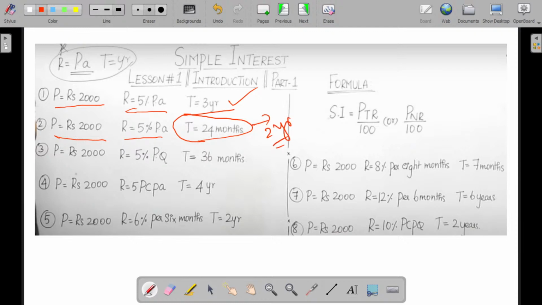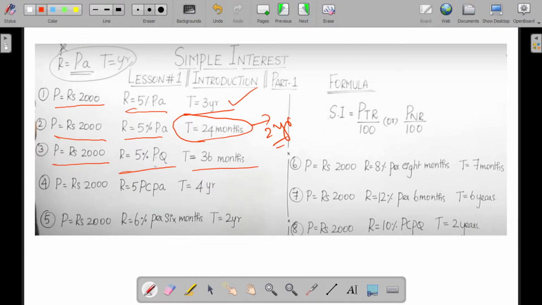Then in the third case, the principal is 2,000, the rate of interest is 5 percent per quarter, and the time duration is 36 months. What is the change here?